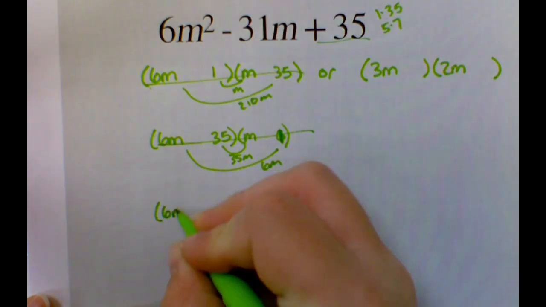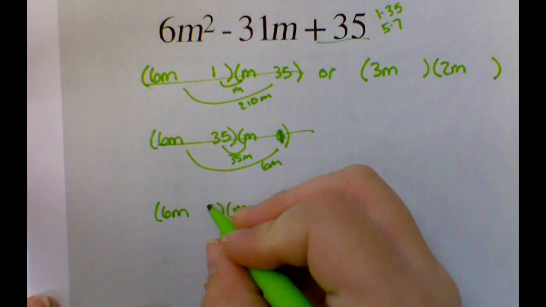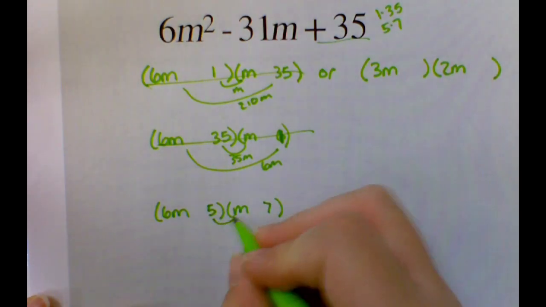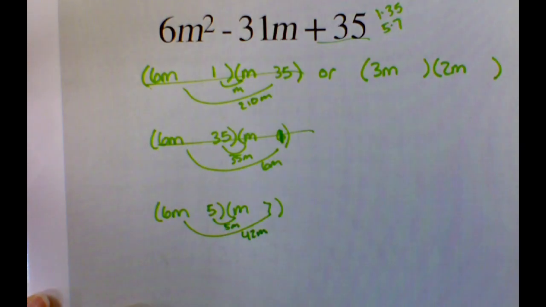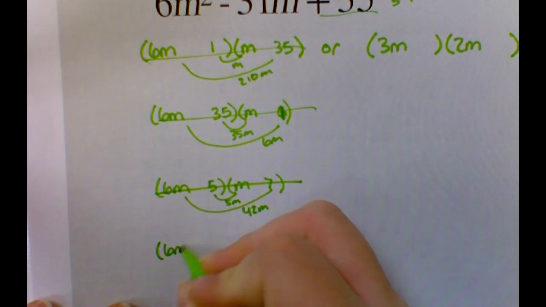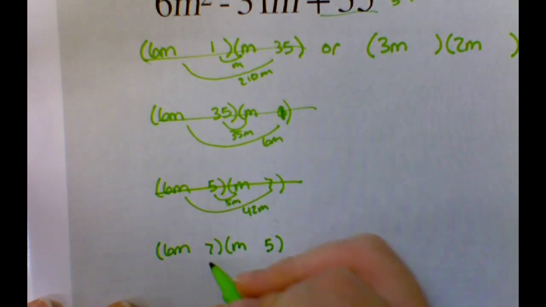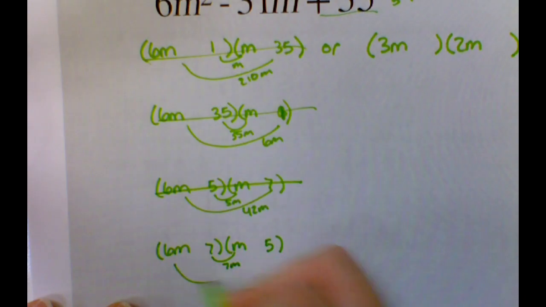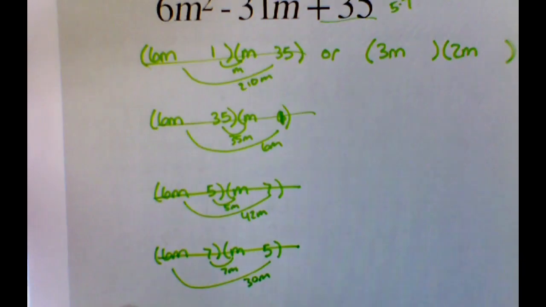Then I have to try 6m and m with 5 and 7. So I have 5m, 42m, which does not make my 31m. And I flip-flop those. I try 7 and 5, which makes 7m and 30m. Does not make my 31.